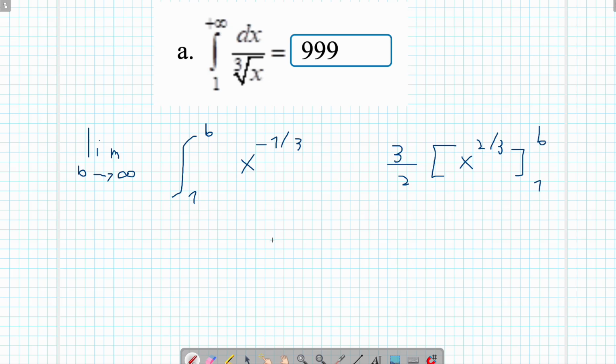So we're just going to get infinity to the power of 2 over 3, which is infinity, minus 1, which is infinity, times 3 over 2, which is also infinity, which is how we got 999 here.